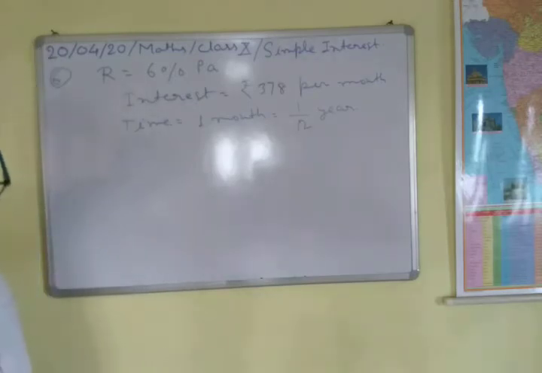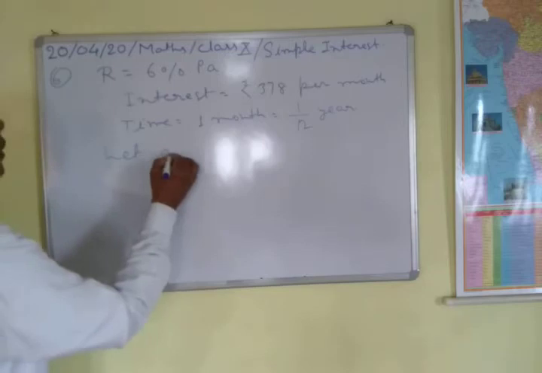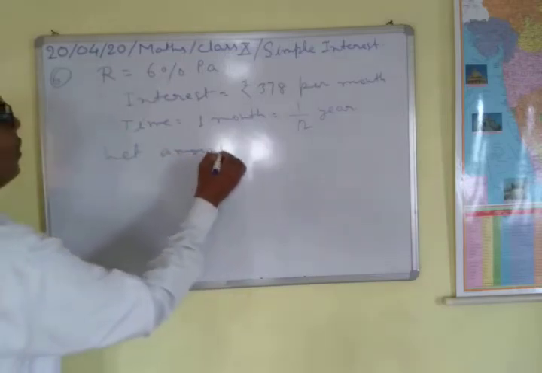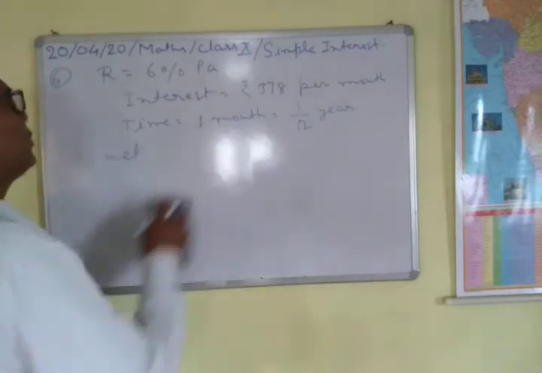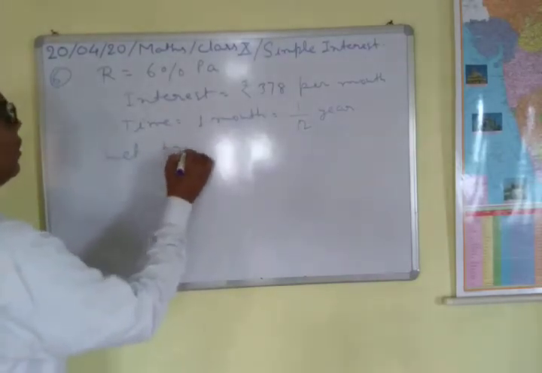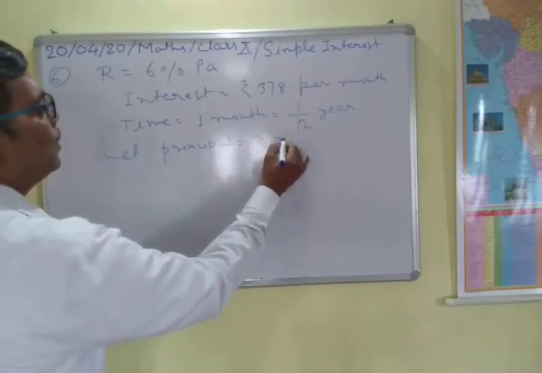So we will find the simple interest, and suppose we have to find the amount of loan. Or you can say here this is the principal actually, that is how much money he has taken. Let principal equal rupees x.